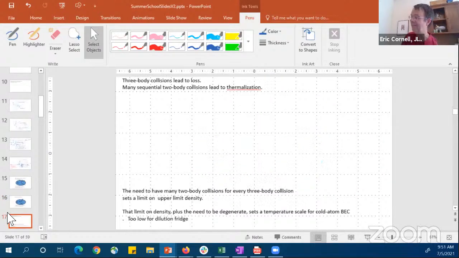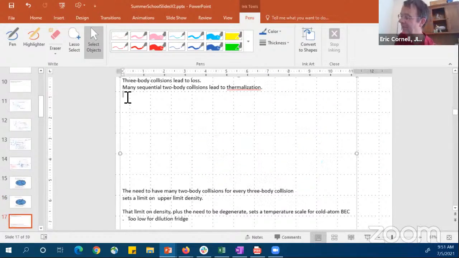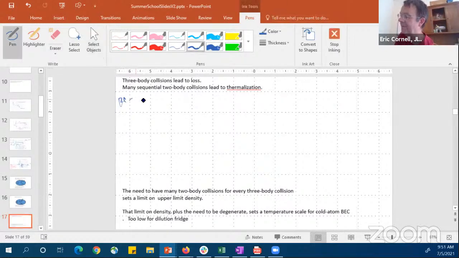Basically, per atom, the 3-body rate is proportional to density squared. The two-body rate, just two atoms colliding with each other elastically, is proportional to density. This is per atom.